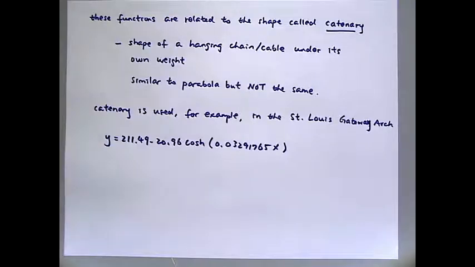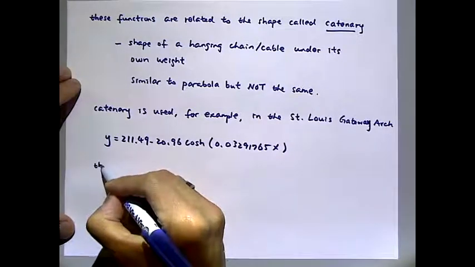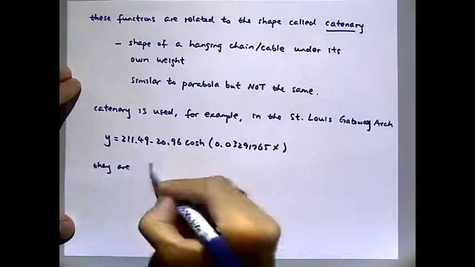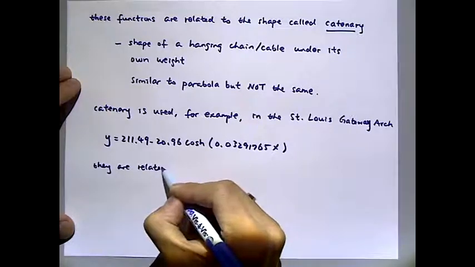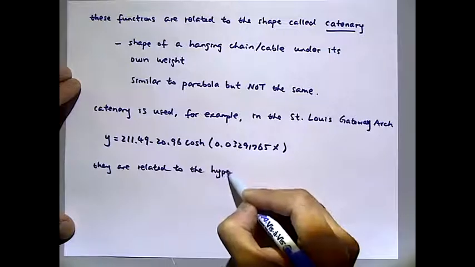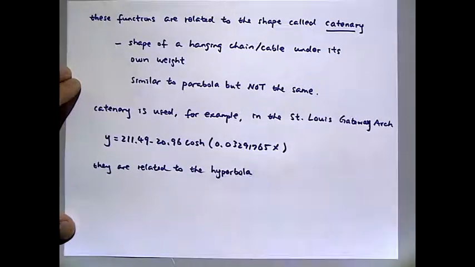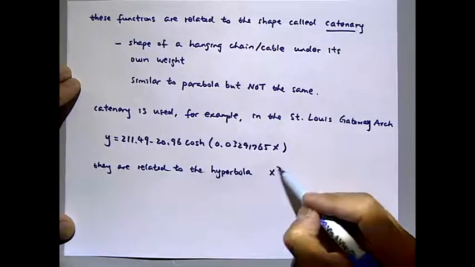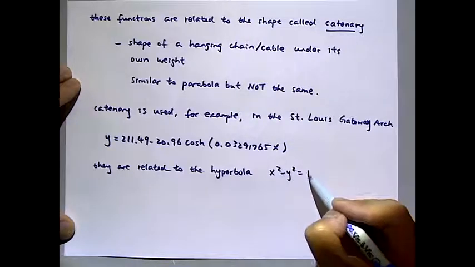Also, these are called hyperbolic because they're related to a point on a hyperbola, x squared minus y squared equal to 1.